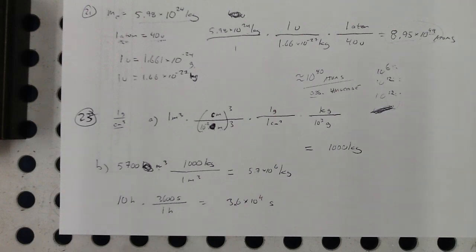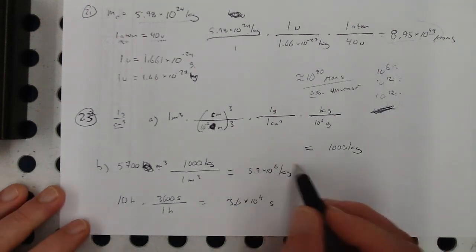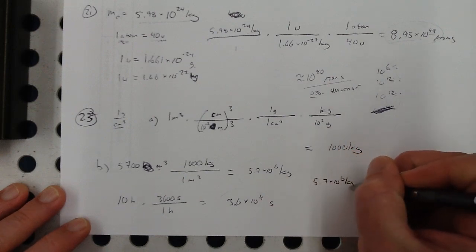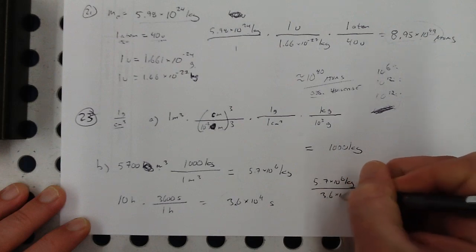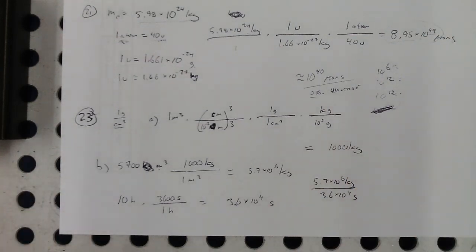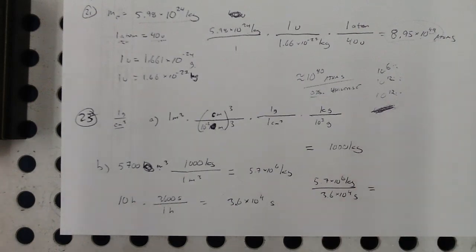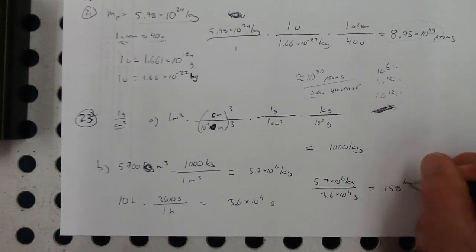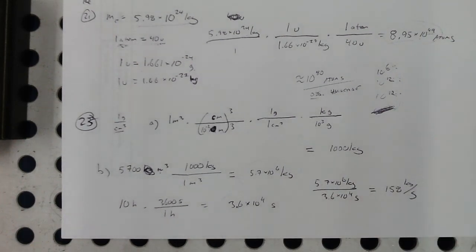And if you want the mass flow rate in kilograms per second, I've got this many kilograms in this many seconds. So 5.7 times 10 to the 6 divided by 3.6 times 10 to the 4. And that should give me 1 and change times 10 to the 2. Yep, so about 158 kilograms per second. That is the mass flow rate.